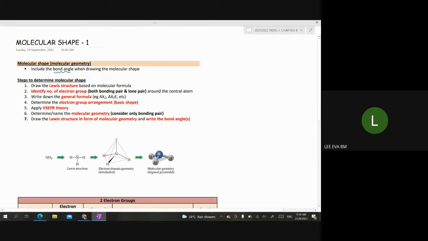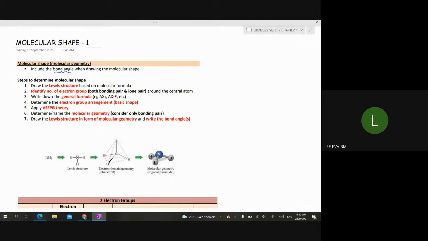So if you recall back, Lewis structures, dia hanya susun saja, kiri kanan, atas bawah, asalkan awak letak elektron, letak bonding pair. Tapi kita tak susun dia ikut bond angle. But when you want to find the molecular shape, we must arrange your structures following the angle. In simple words, Lewis structure with bond angle.